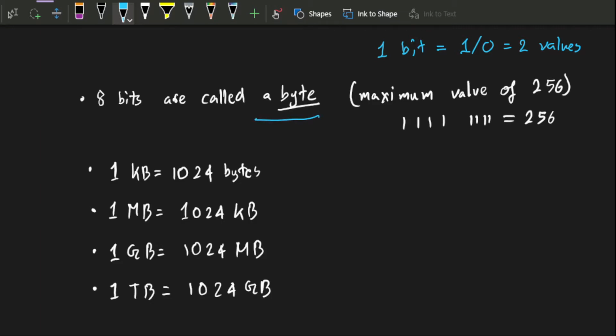A byte can hold a maximum of 256 values, with all ones being the maximum and all zeros being the minimum.